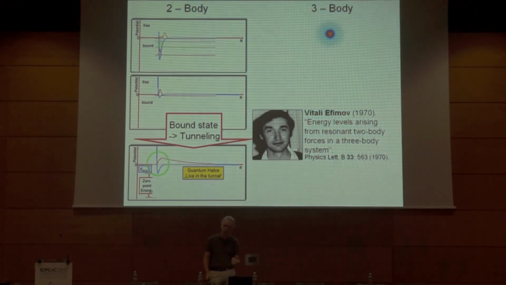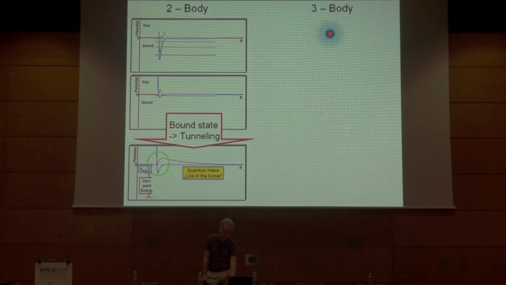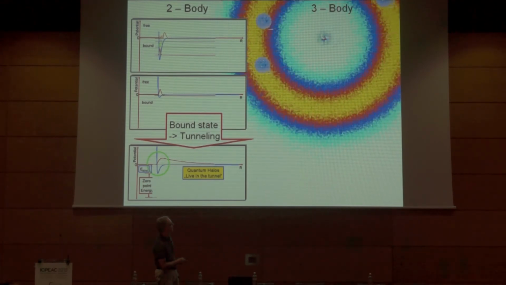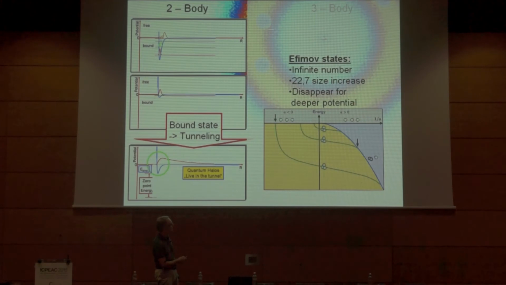And it's not only that there are infinitely many states, according to his calculation, it's also that these states are enormous in size. The first state has some unknown, but supposedly very big size, and the subsequent infinite number of states scale from state to state with a factor of 22.7, according to this actually very simple calculation.